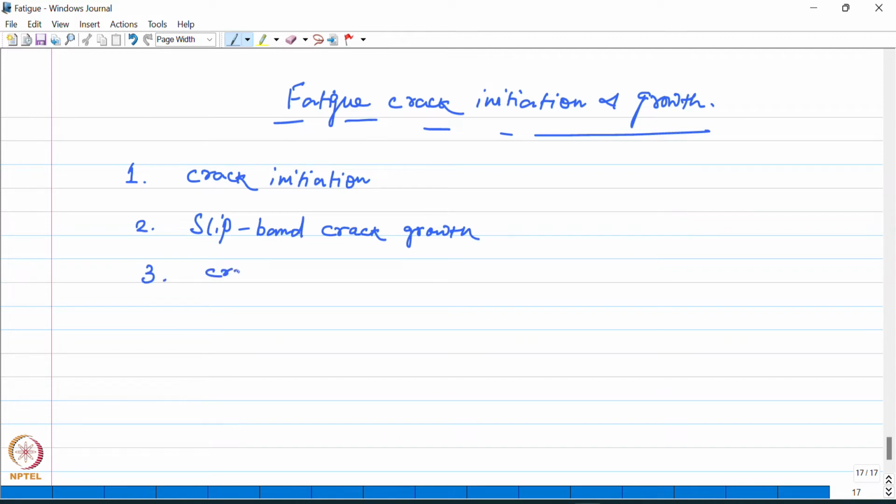Three, crack growth. And finally, ultimate fracture.